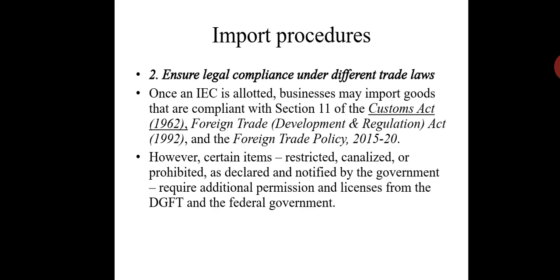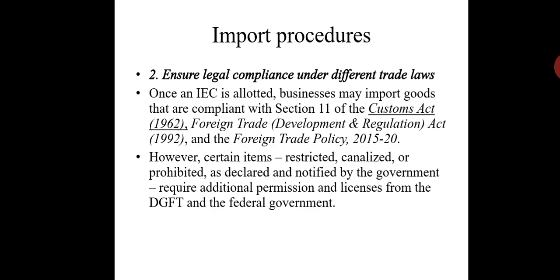So when you import goods, you first have to make sure they are not illegal in our country, and second, that they comply with all the laws of our country. They should not violate any law regarding trade, like the Customs Act 1962, the Foreign Trade Act 1992, the Foreign Trade Policy, and other regulations like GST. They should comply with all of these.